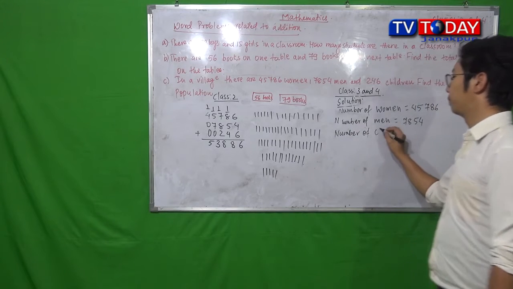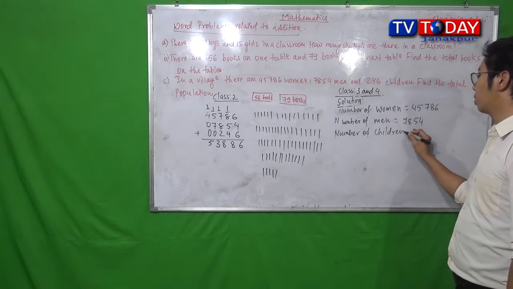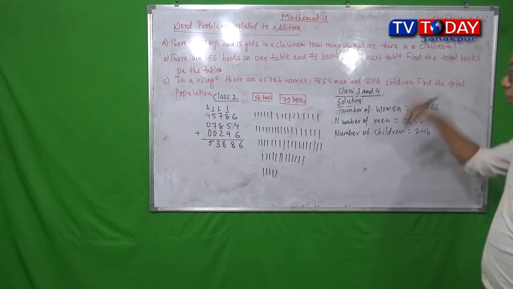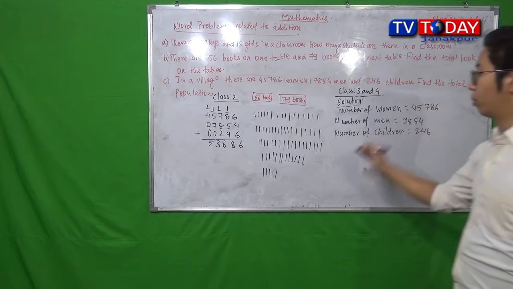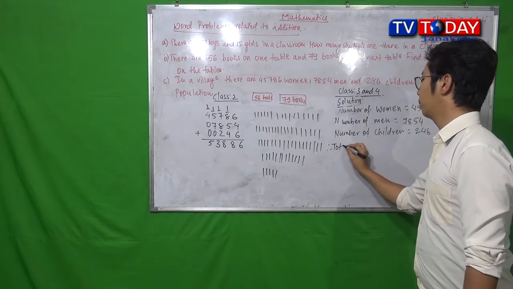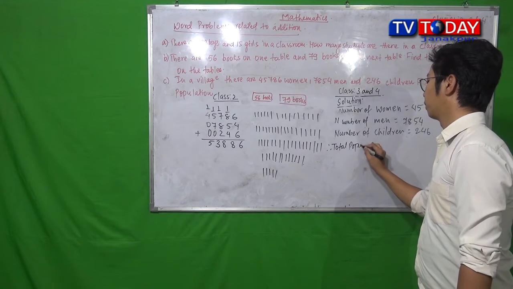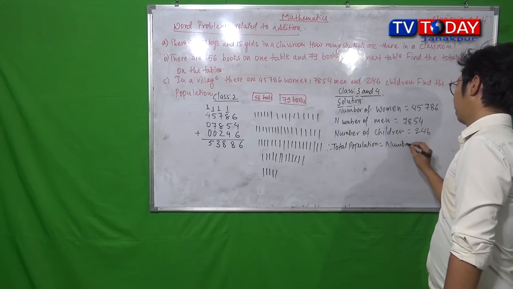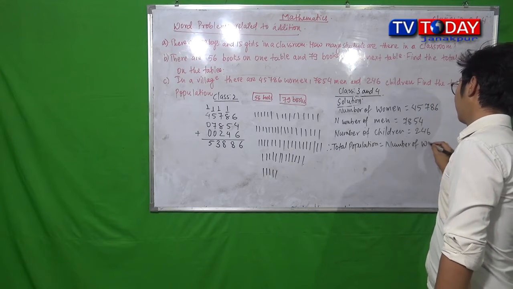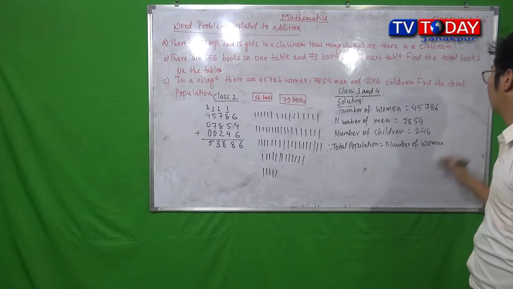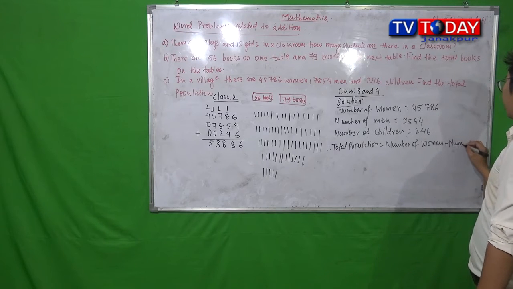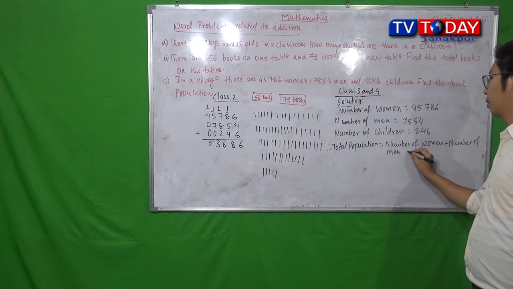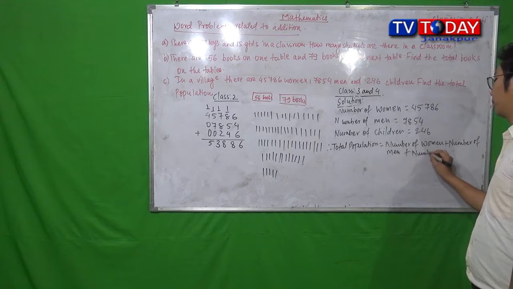Number of children, how much? 246. You were asked here to find the total population. Therefore, total population is number of women plus number of men plus number of children.